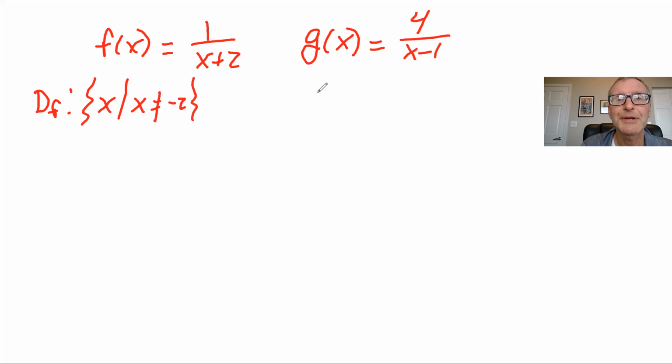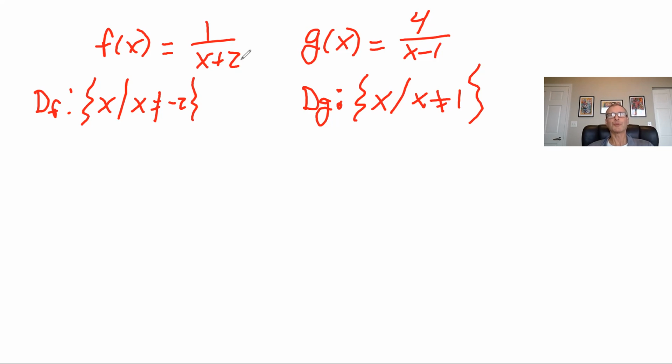And then for the g, the domain of g is all values of x such that x does not equal +1. And so when you plug these numbers into the appropriate equations there, you would get a denominator of 0. Can't divide by 0. So that's why it's not in the domain.